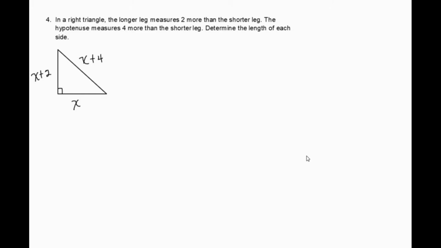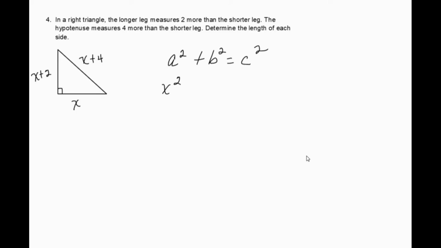Okay. In a right triangle, the longer leg measures 2 more than the shorter leg, and the hypotenuse measures 4 more than the shorter leg. Determine the length of each side. So I've already drawn in my triangle and labeled the sides. And again, I am thinking Pythagorean theorem, a squared plus b squared equals c squared.